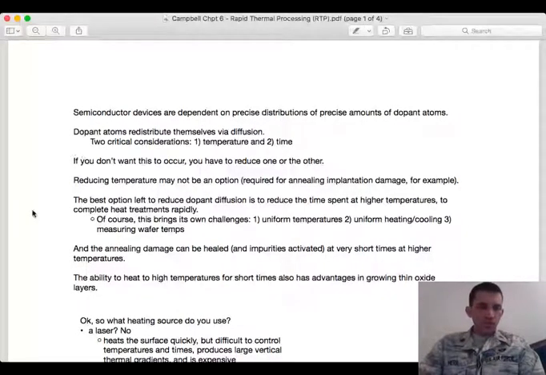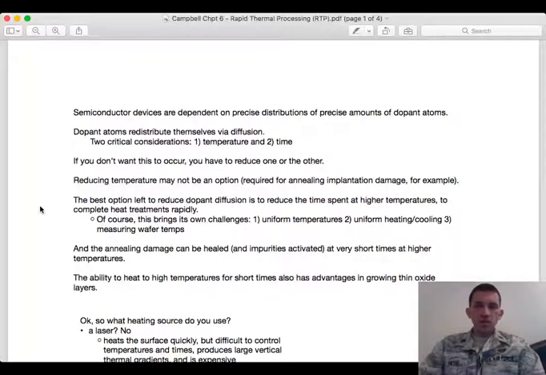as we talked about yesterday, right? We implant impurity atoms, we call dopants, to modify the electrical properties of silicon over very small and very precise regions of silicon.